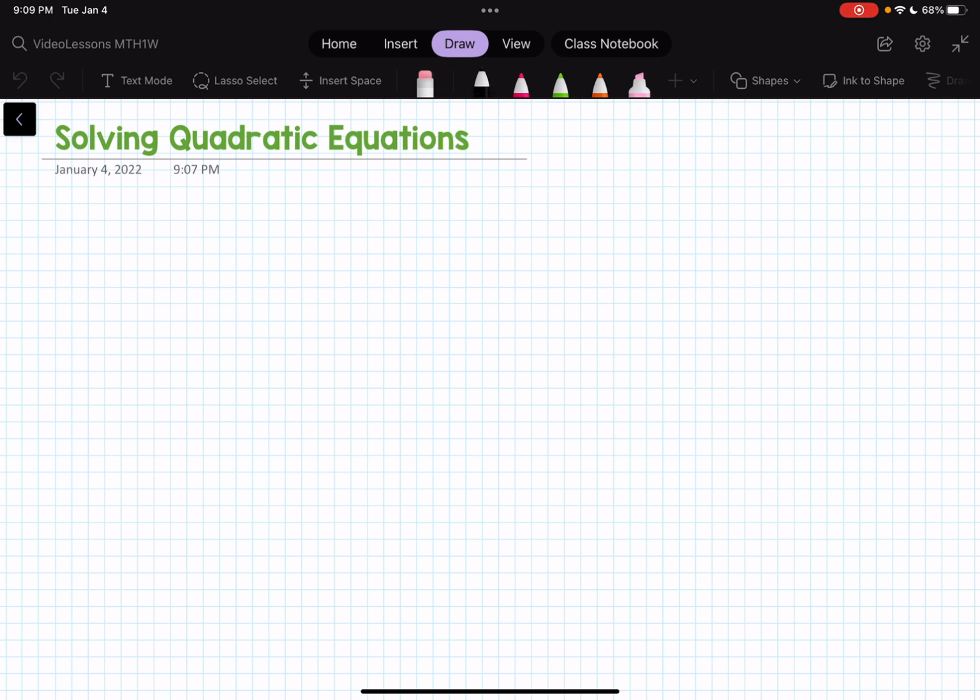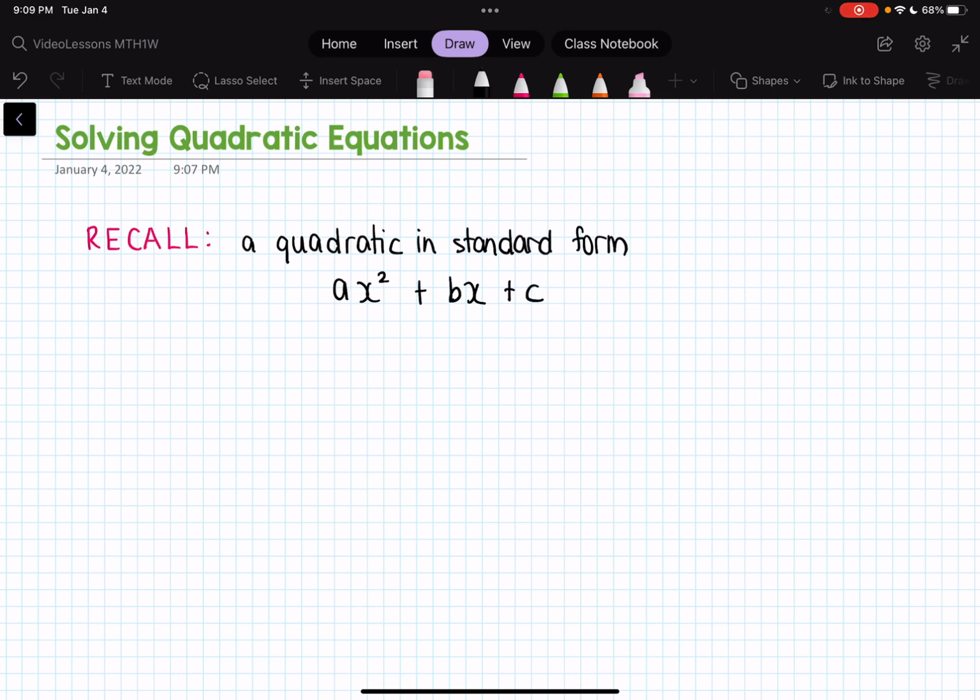Now, if you can recall from our quadratic expressions unit or section, a quadratic in standard form looked like this: ax squared plus bx plus c.